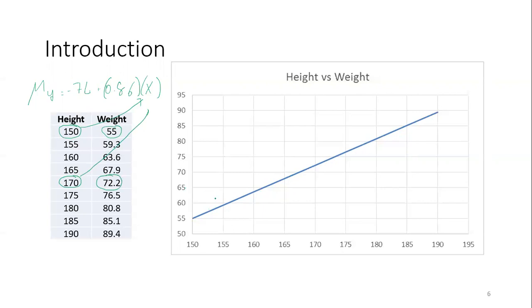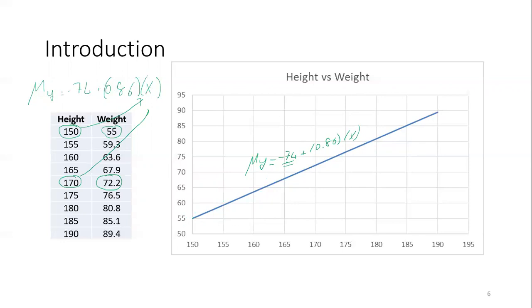So this is the line that you have. The formula of this line is mu of y equal to minus 74 plus 0.86 times x. So you may ask, the intercept is -74, so why do we have 55 here?